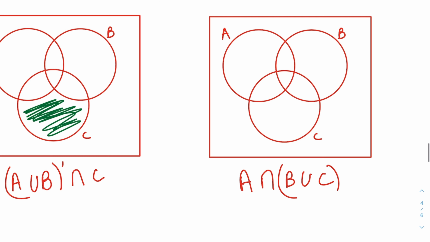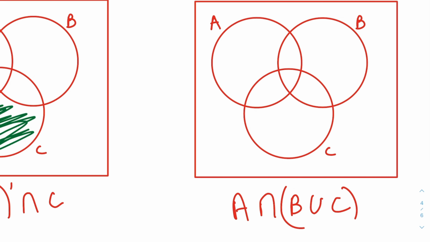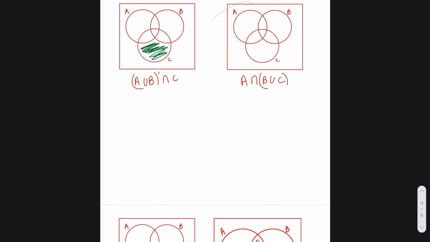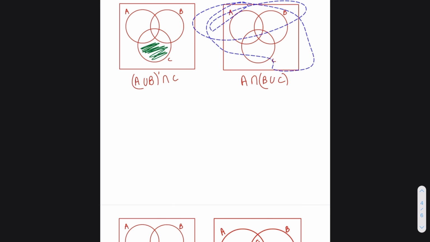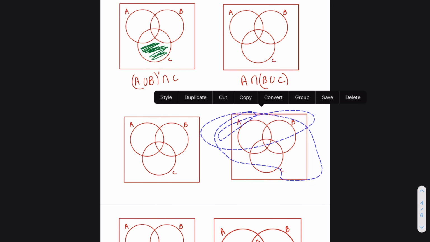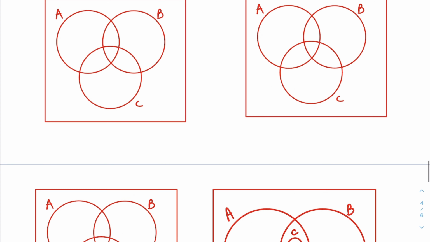Next, A common with B union C. As I said, let's just draw the two sets so that it makes our life easier. If we draw A first, it is this region, this region, this region, and this region.